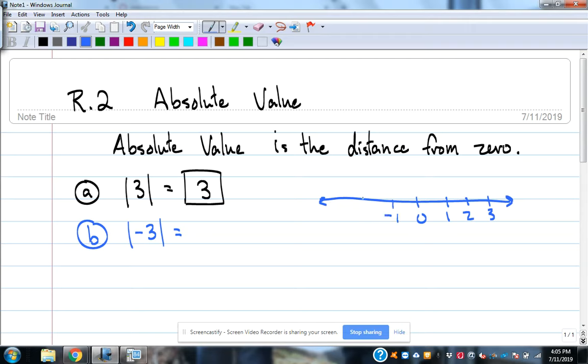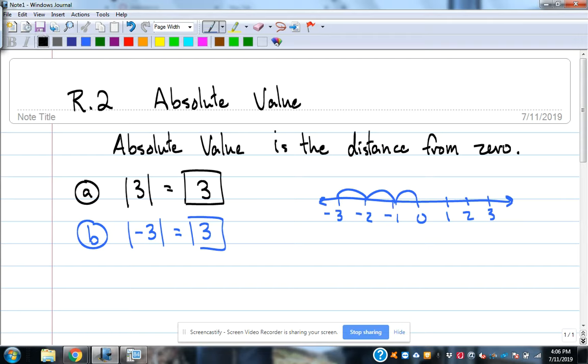But -1, -2, -3 is 1, 2, 3 hops away from zero as well. So it's the same distance away from zero. So the absolute value of -3 is that same number 3. It's the distance it is away from zero.